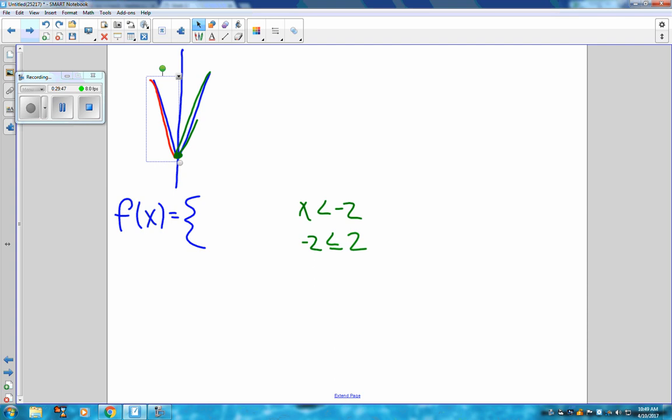What is the slope of this line? What's my slope for this line? Positive or negative? Negative.